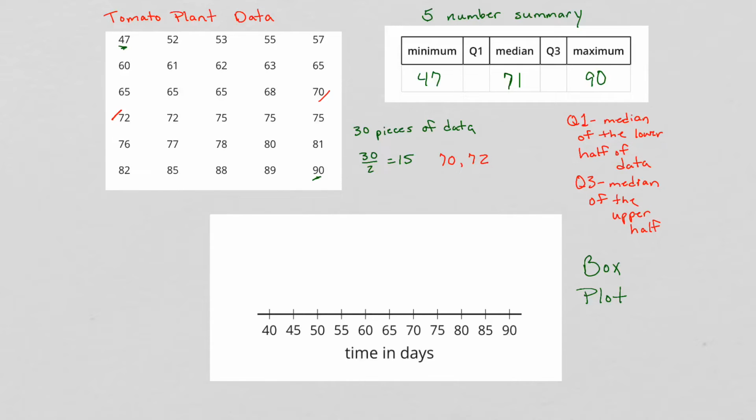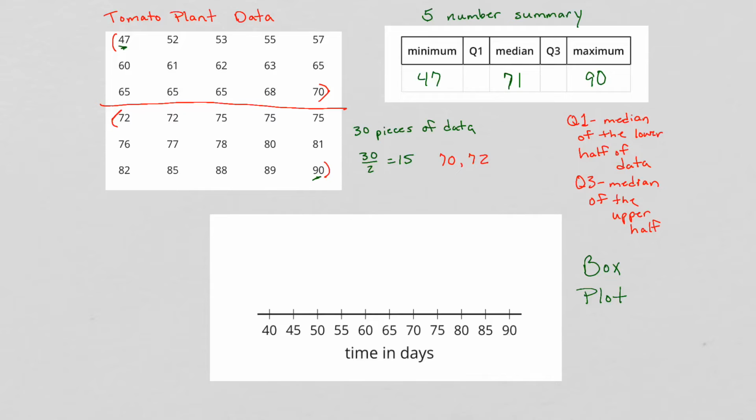All right, Q1 just means the median of the lower half of the data. So if we divide the data into two pieces, we have this part up here and then this part down here. Okay, draw a line between them. We have to find the median of the upper part and the lower part.